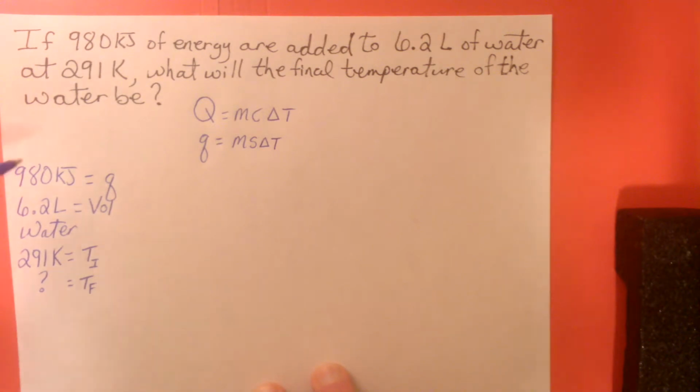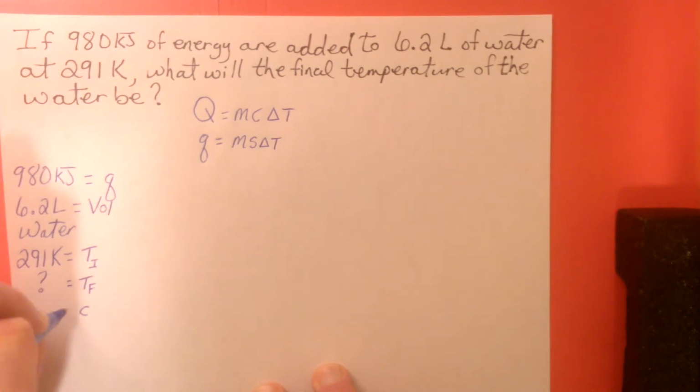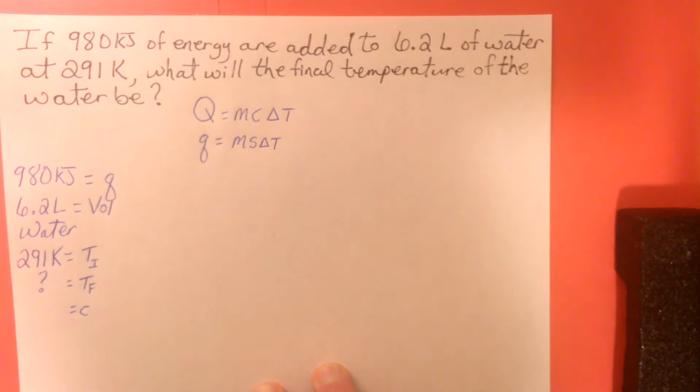All right. So this is what we are given. This is our formula. Now, we know our substance here is water, and we can find the specific heat capacity for water from our textbook.